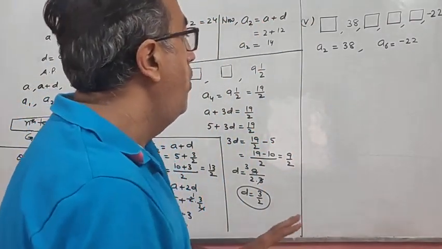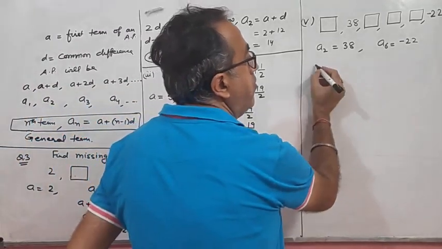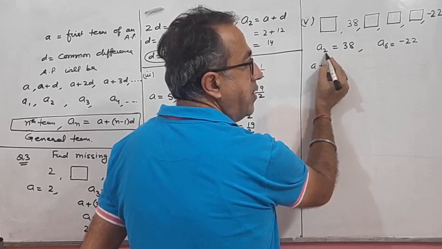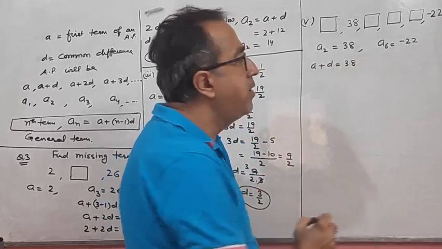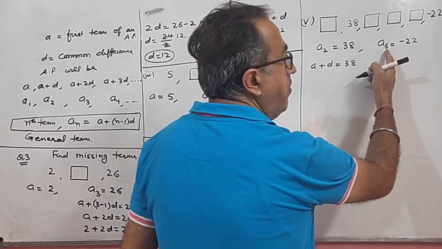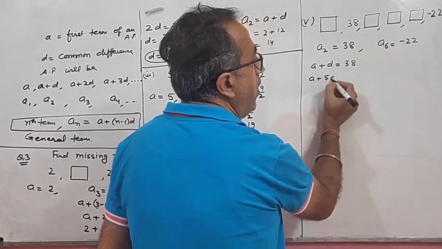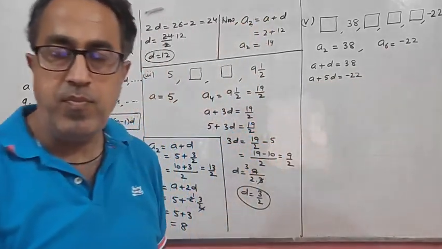So now, what is the formula for the second term? A2 is A plus D, 1 less than this number 2. A plus D is 38. The formula for the sixth term of an AP is A plus 5D equal to minus 22.